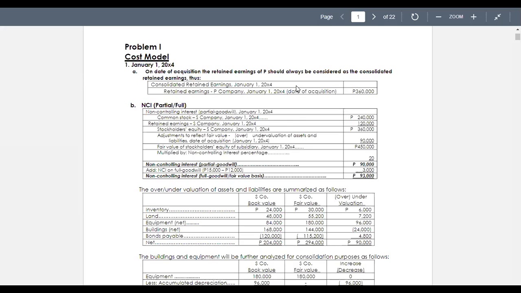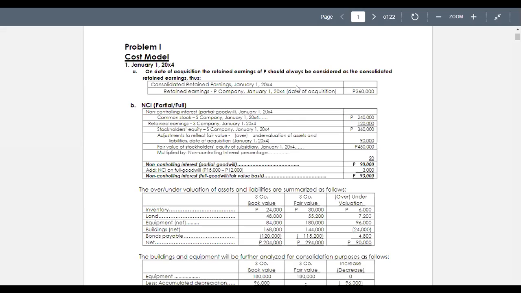Okay? So we have now the fair value of shareholders' equity of S on January 1, 2024, a total of 450,000. We are adding 90,000 because this is an undervaluation. So the adjusted fair value of the stockholders' equity of S is 450,000, and then we multiply it by 20%.